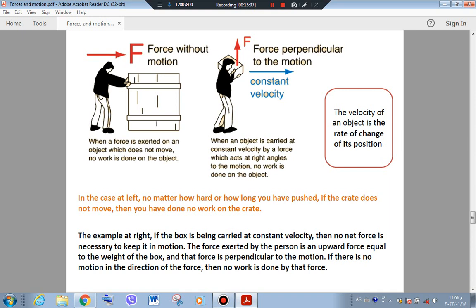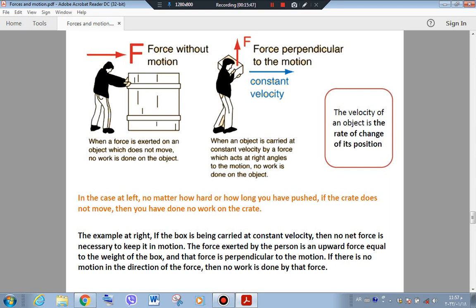In the example on the right, if the box is being carried at constant velocity, then no net force is necessary to keep it in motion. The force exerted by the person is an upward force equal to the weight of the box, and that force is perpendicular to the motion. If there is no motion in the direction of the force, then no work is done by that force, which means the box is carried and not moving in different directions.